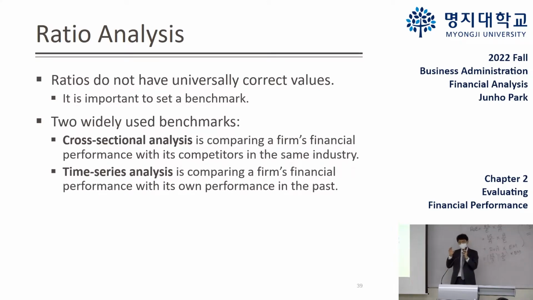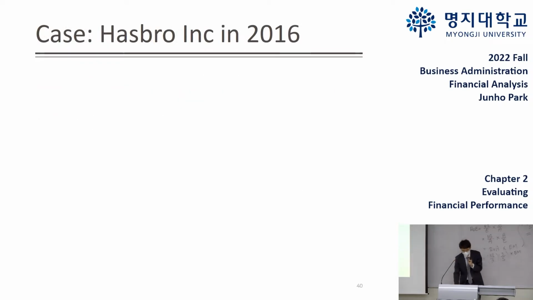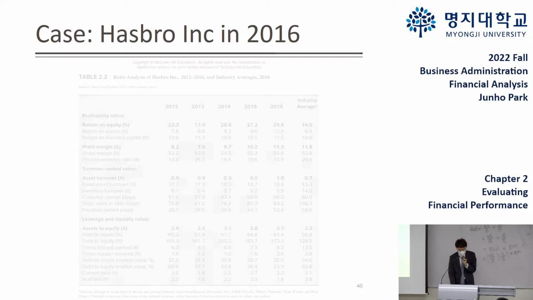So we not only calculate the same company's ratios for some 3 years or 5 years, but at the same time we also calculate the ratios of competitors in the same industry to get a more comprehensive understanding about the sector or the industry.